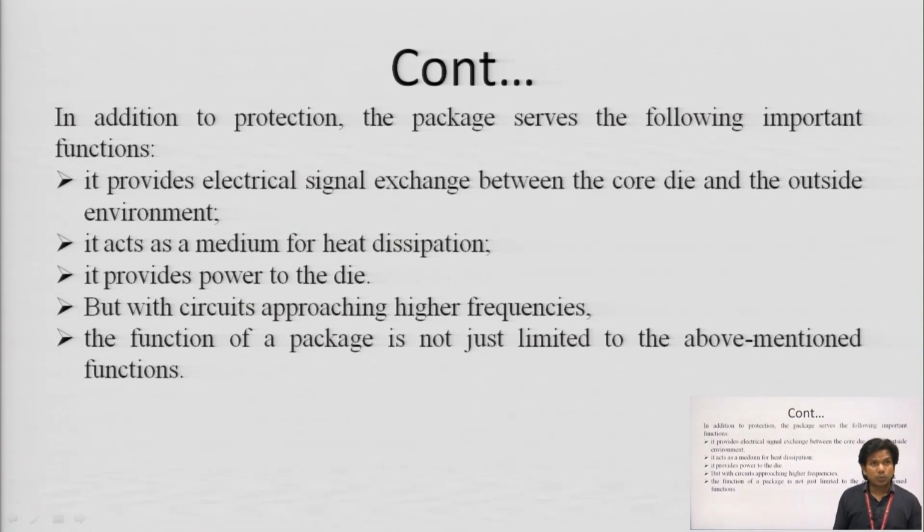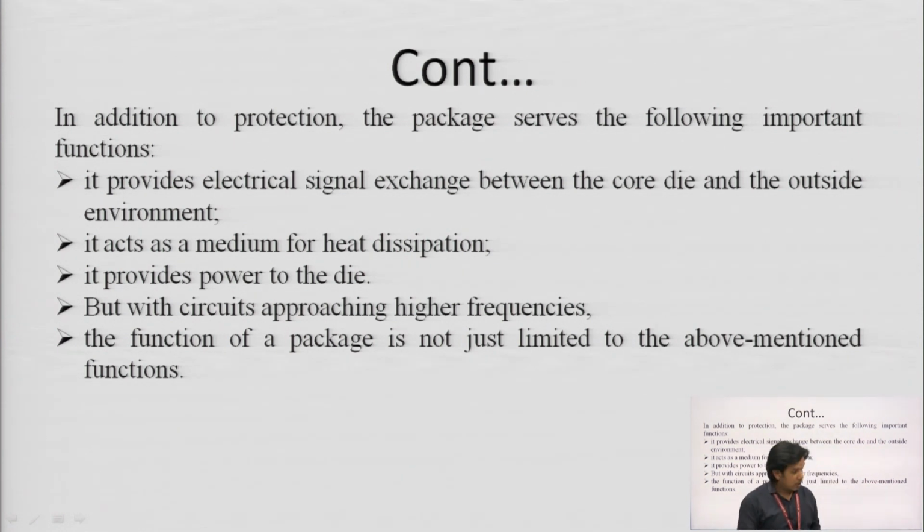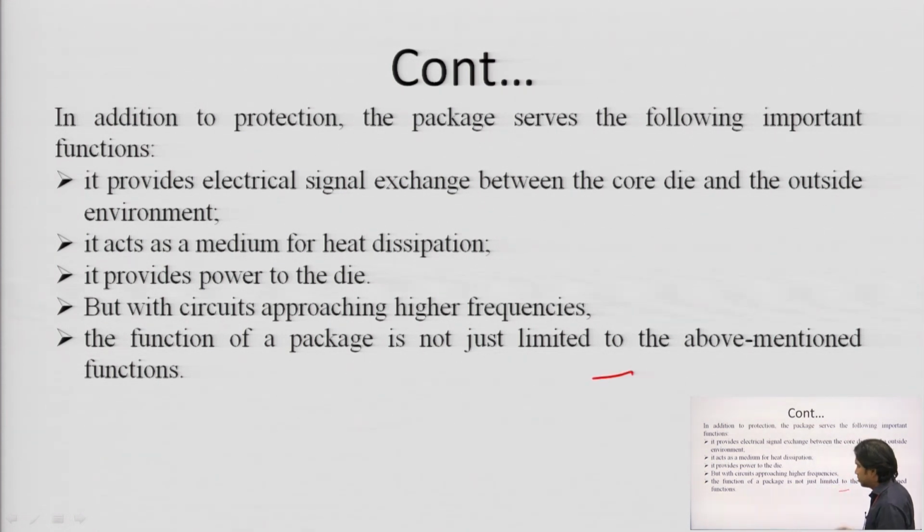In addition to protection, the package provides different things that we will see one by one. It provides electrical signal exchange between the core die and the outside environment, and it also acts as a medium for heat dissipation. It provides power to the die. These are the different things that we can see here.